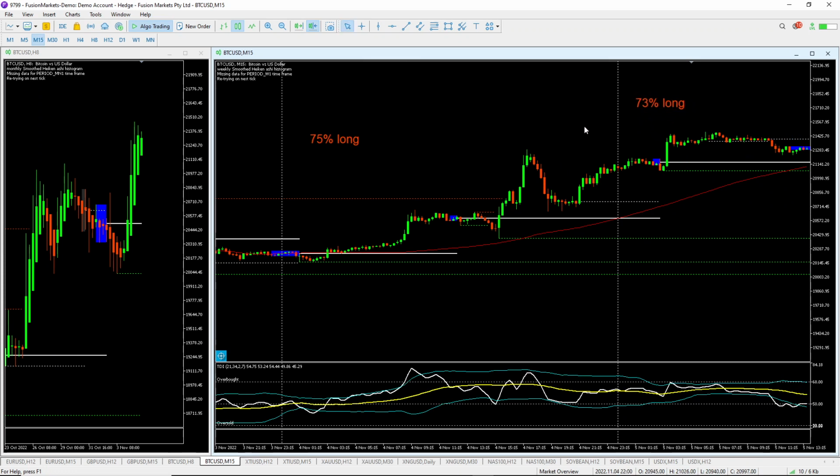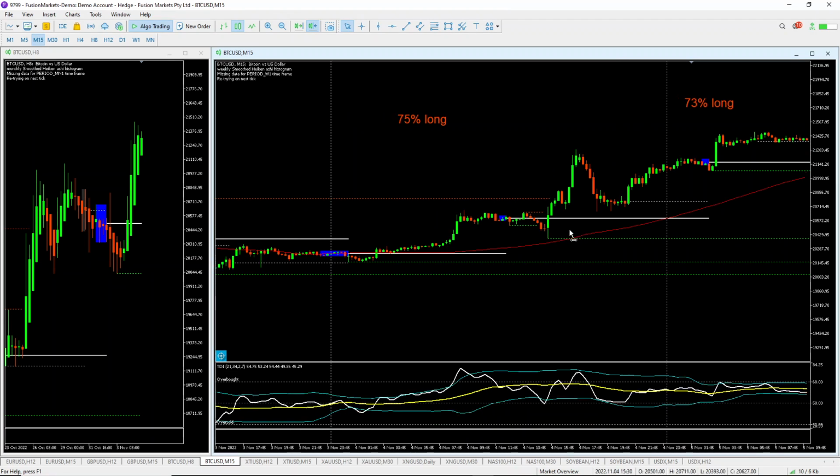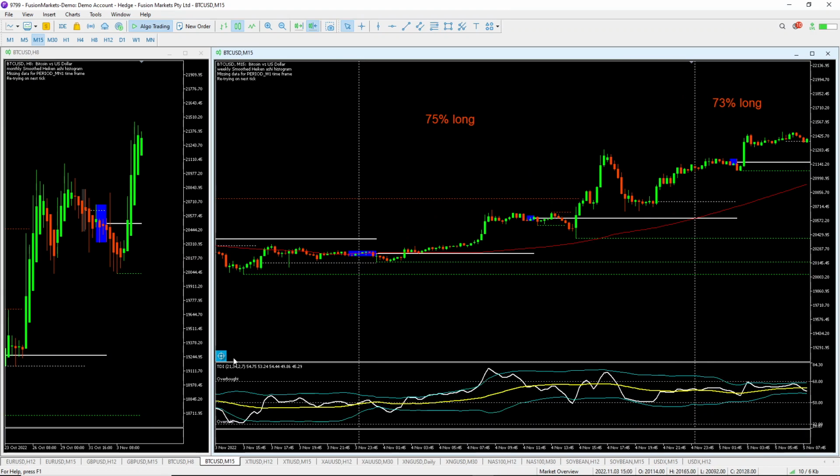It's just like a cherry on the cake, but don't get swayed by those numbers. That's what I say. The primary focus is the concept here, right? The master pattern and the higher time frame training. That's the main thing you should look at.